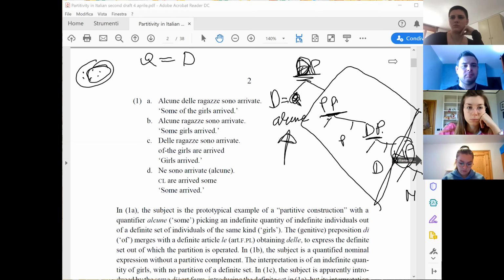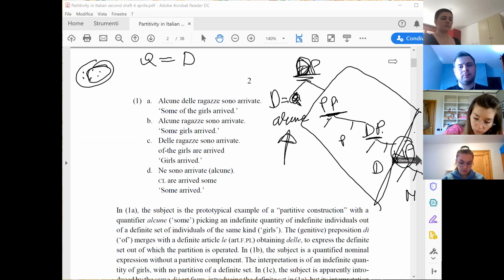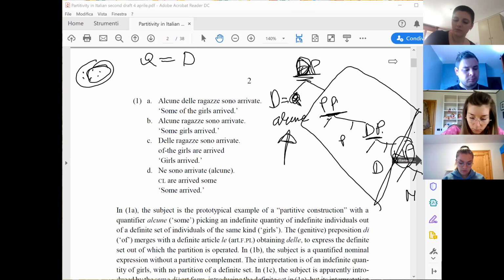Then in very few languages, as a matter of fact, the Gallo-Romance languages, let's say, not dialects, varieties, which include Italian and French.